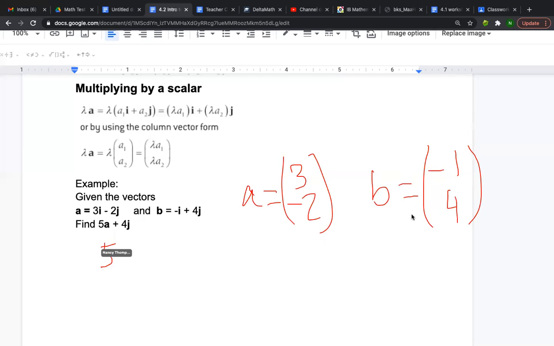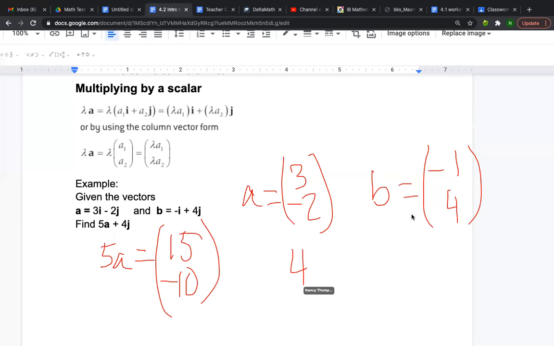I have 5a is the same thing as (15, -10). And then 4b, sorry, 4b is (-4, 16).